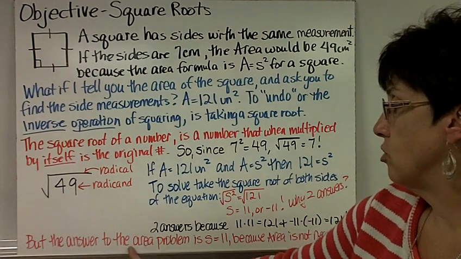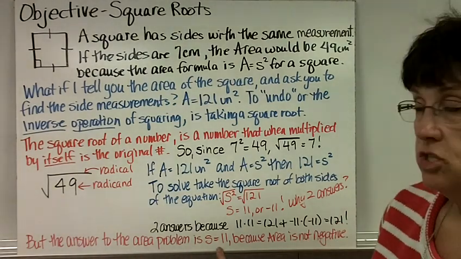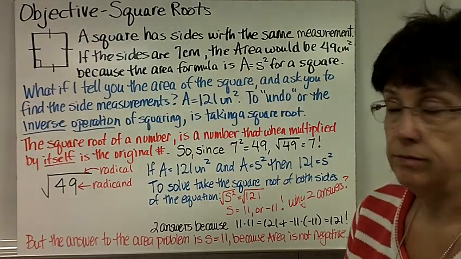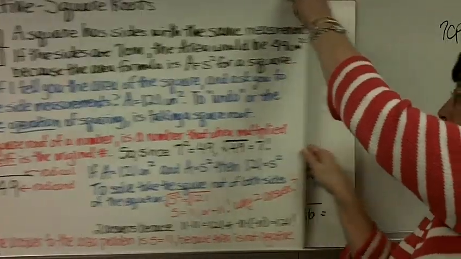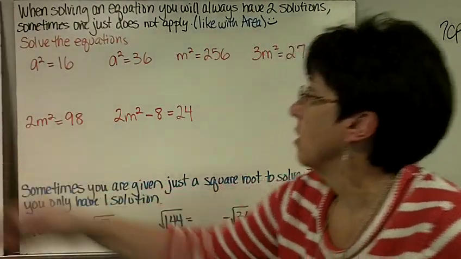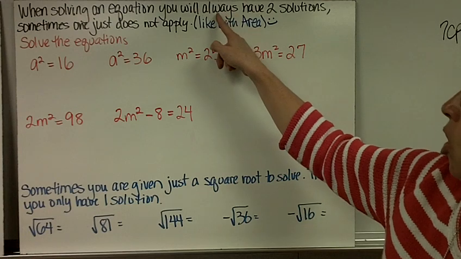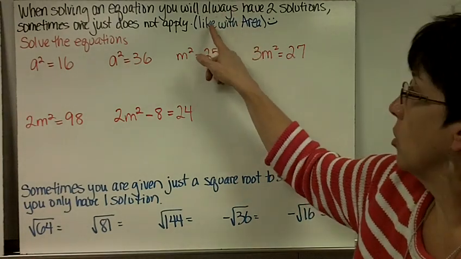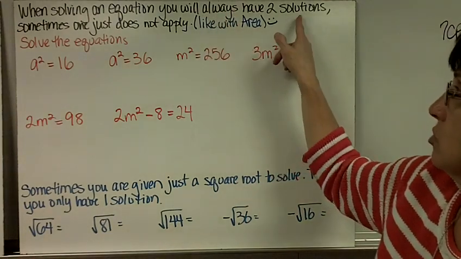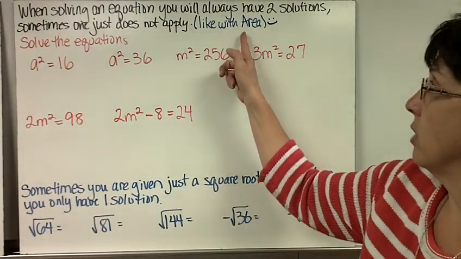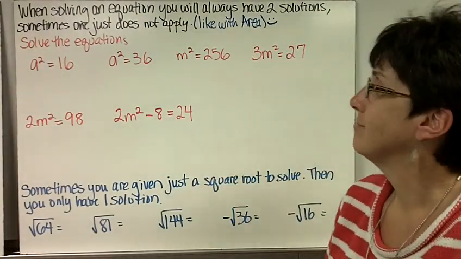But the answer to the area problem is just side equals 11 because area is not negative. When solving a square root equation, you will always have two solutions. Sometimes one just does not apply, like with area, but there are other times also.